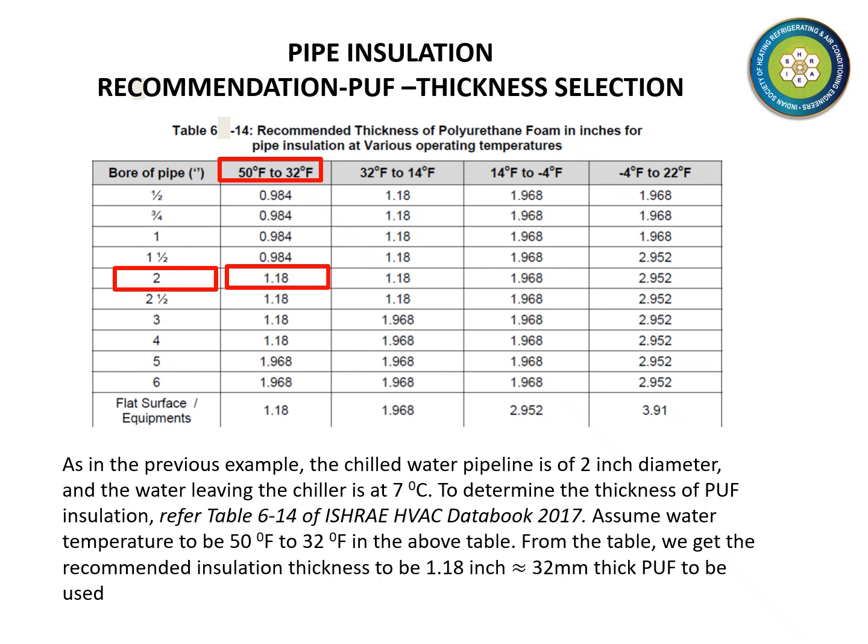We now refer to table 614 of ISHRAE data book 2017. Assuming water temperature to be 50 degrees Fahrenheit to 32 degrees Fahrenheit in the table, we arrive at the recommended insulation thickness of 1.18 inch, rounded to say 32 millimeter thick PUF.